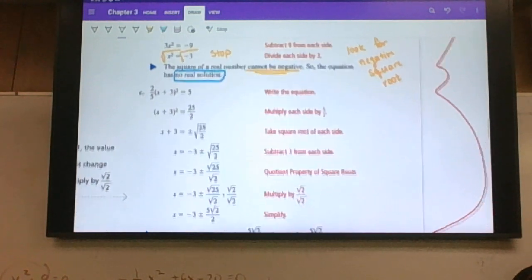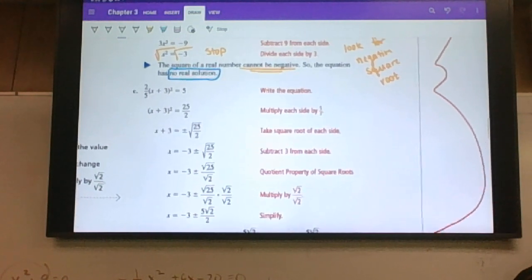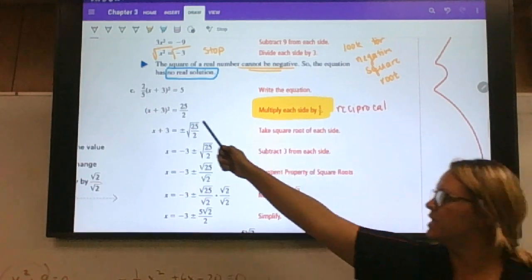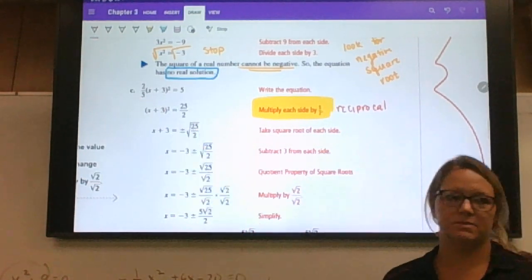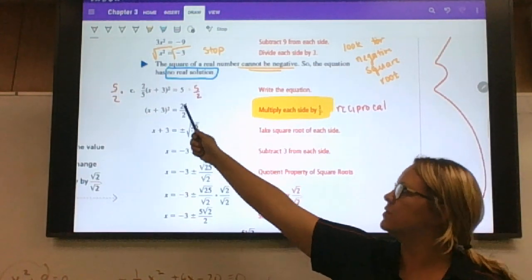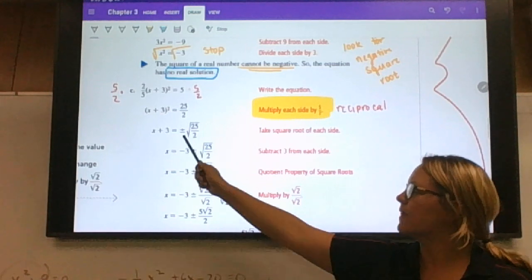And then letter C is the most difficult one. So this step here says multiply by 5/2. That's called the reciprocal, right? So if I had to get rid of a fraction, I would multiply both sides by the reciprocal to get rid of it. And that's where they got 25/2.